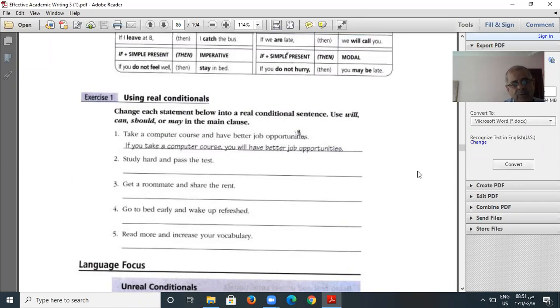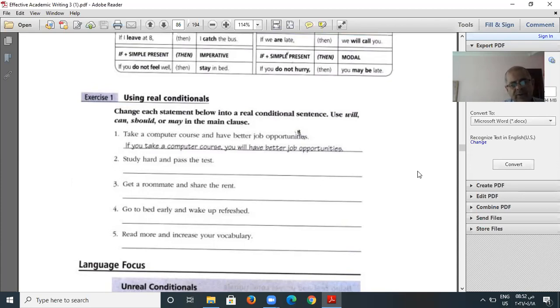Or we do the opposite and say you will pass the test if you study hard. So if here comes between the two clauses, so no comma is used here. But if we start the sentence with the if clause, then we should use a comma after the if clause. So if you study hard, comma, you will pass the test. Sorry, you will pass the test if you study hard.